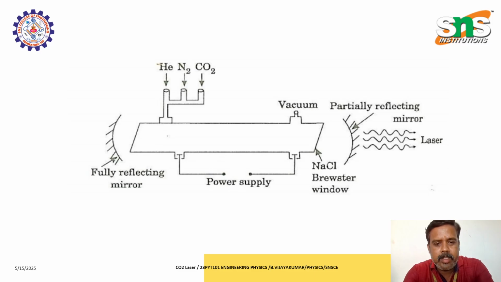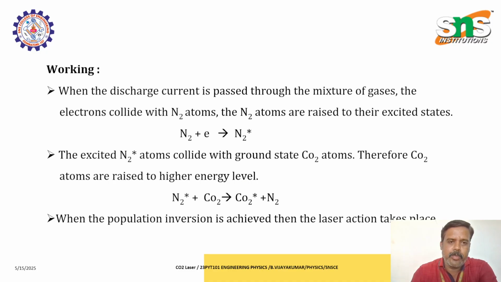Then the lower part acts as the pumping source. Both ends of the quartz tube are fitted with NaCl Brewster windows, which act as polarizers. Outside are two concave mirrors, one partially reflecting and the other fully reflecting.